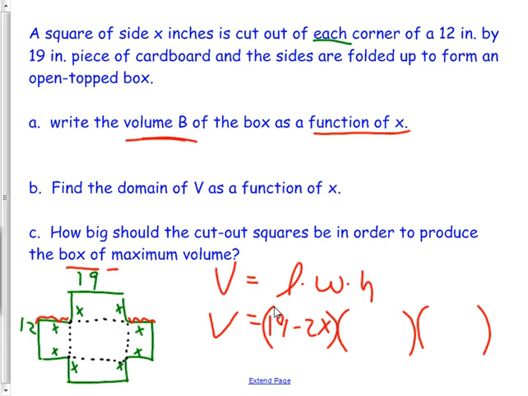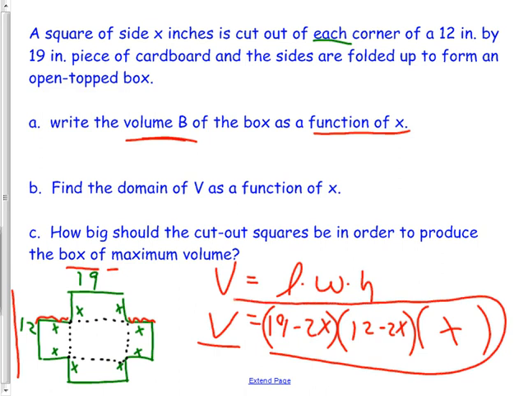My width used to be 12, but now I take off 2X's, so 12 minus 2X. And then my height of my box, this is the weirdest one. How high is the box? It's just X. You see how my volume is now in terms of X? It's just got X's in it.